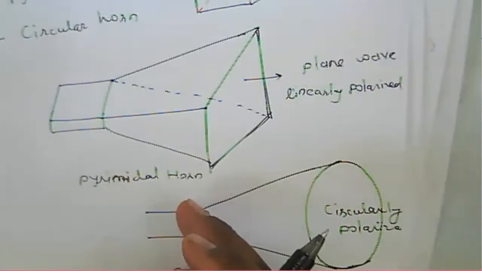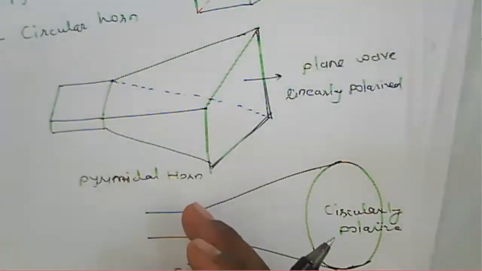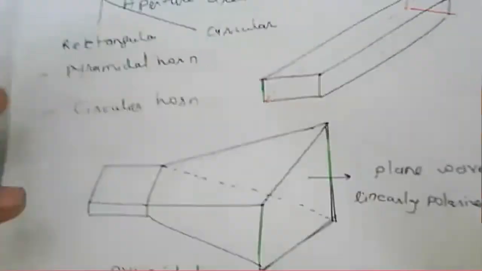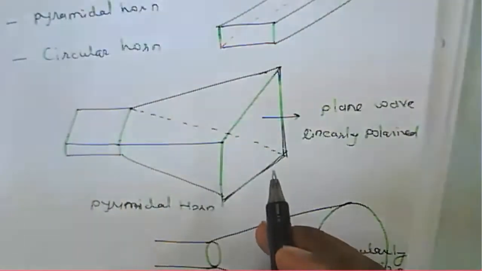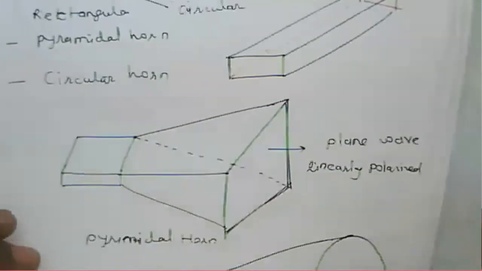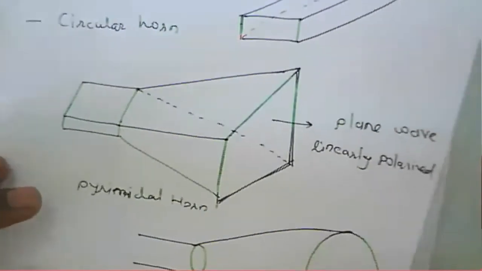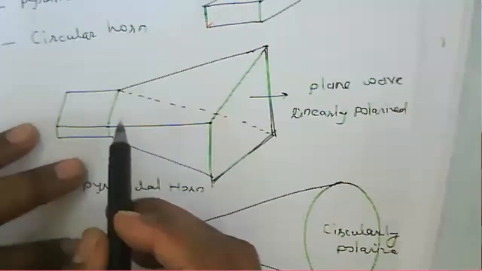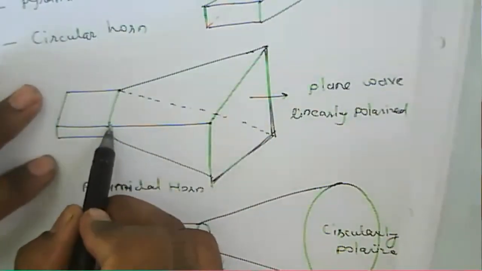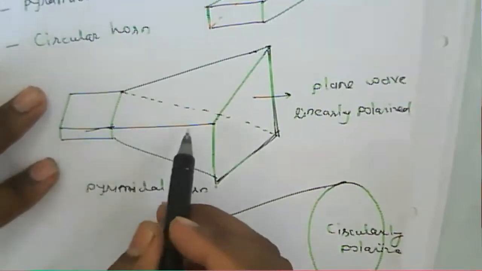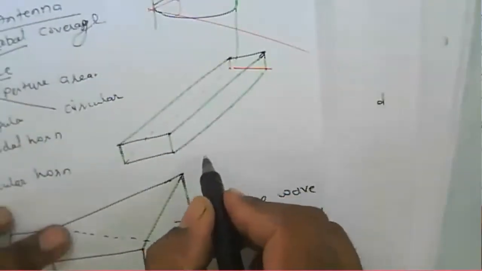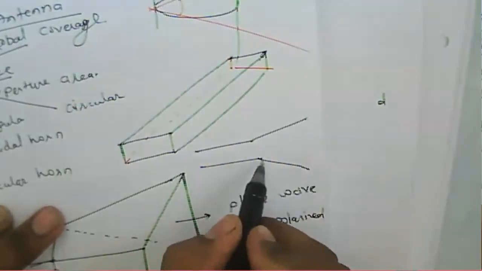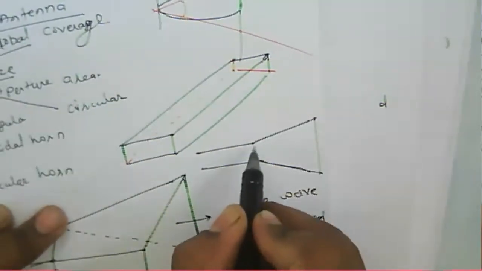And the radiation pattern we are getting is unidirectional, and according to the aperture size, we are getting high gain of the antenna. In this case, we need to know the flare angle, because the end of the waveguide looks flared here.